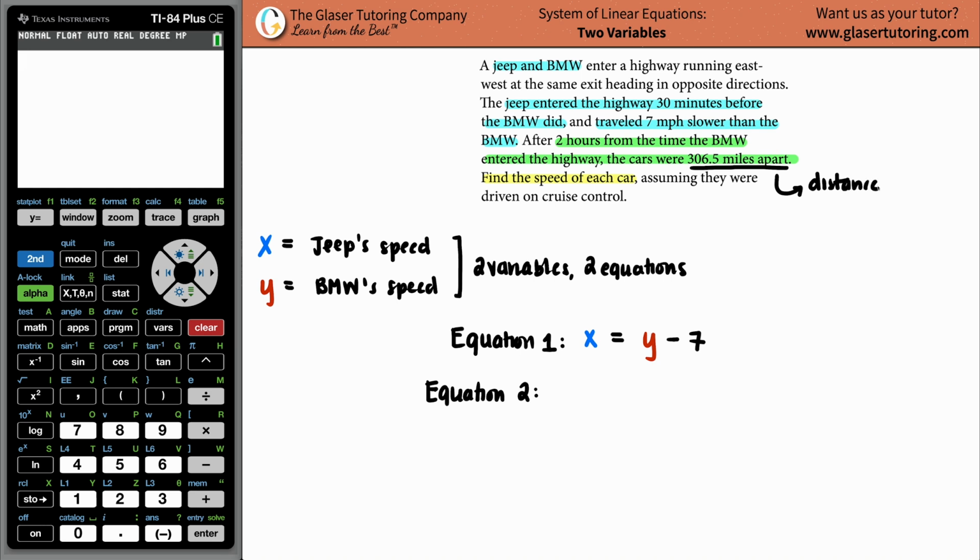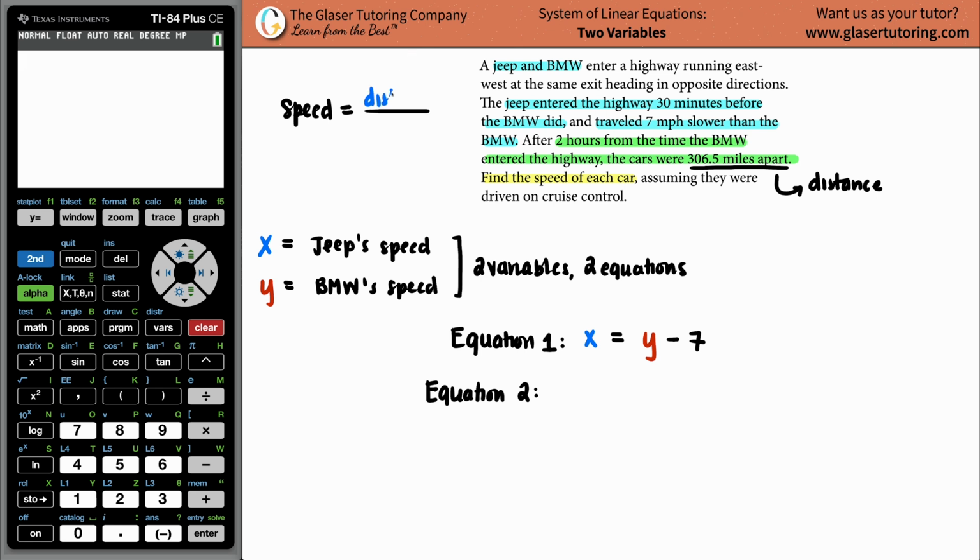Now, this question is highly reliant on you knowing your distance and speed formula. So usually, maybe we'll just put it up here, speed, which we're labeling as x and y, right? The speeds are x and y. Speed equals distance over time.